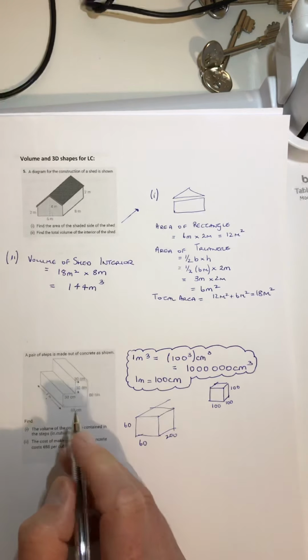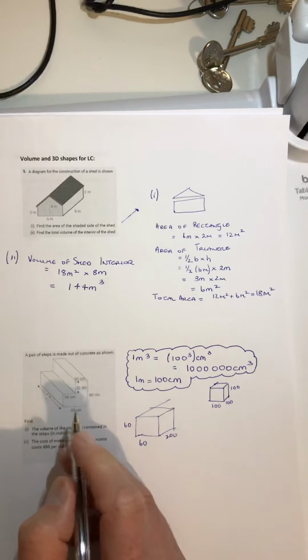The volume is the length by the breadth by the height. 60 by 60 by 200 is equal to, on your calculator, 720,000 centimeters cubed.